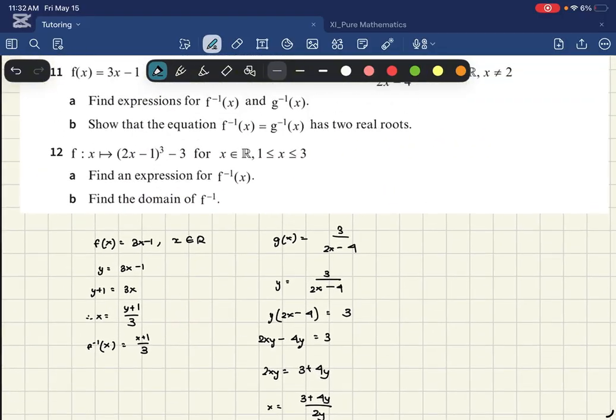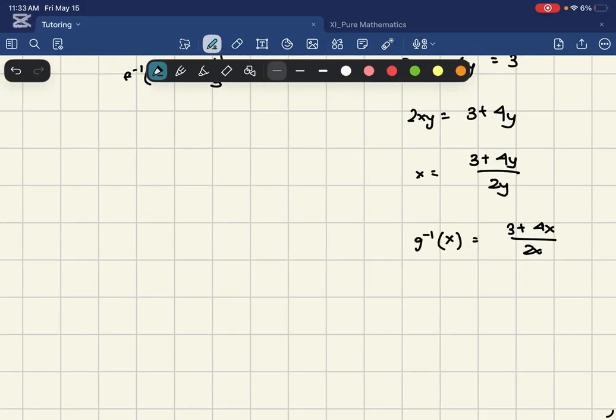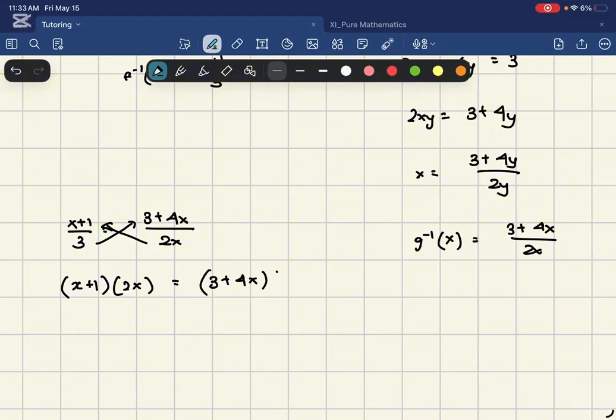All right, so now I know the expressions, and then show that the equality of the two inverse functions has two real roots. All right, so we can just show it as follows. x plus 1 over 3, that is f inverse of x, and I want to make it equal to g inverse of x. So if I cross multiply, x plus 1 times 2x should equal 3 plus 4x times 3, right?